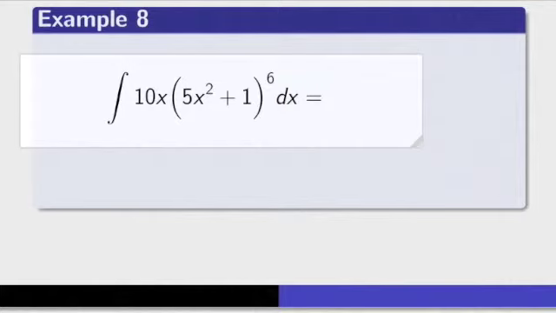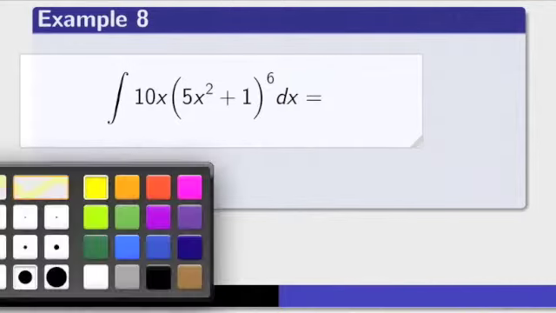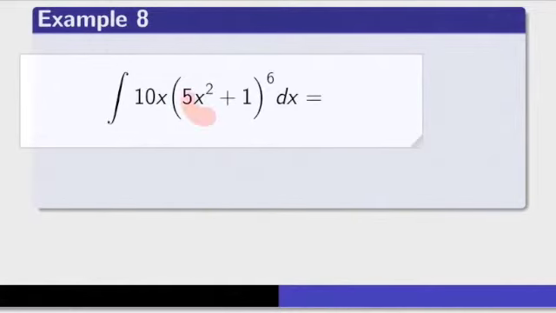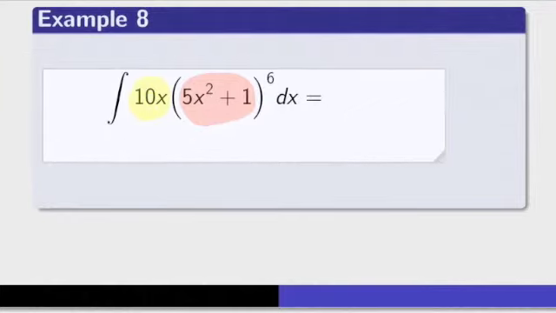So let's look at another example. Here we've got a function raised to the power 6. The derivative of this function also appears as a product. The derivative of the function or expression that is colored in red is 10x. So that also appears as a product.